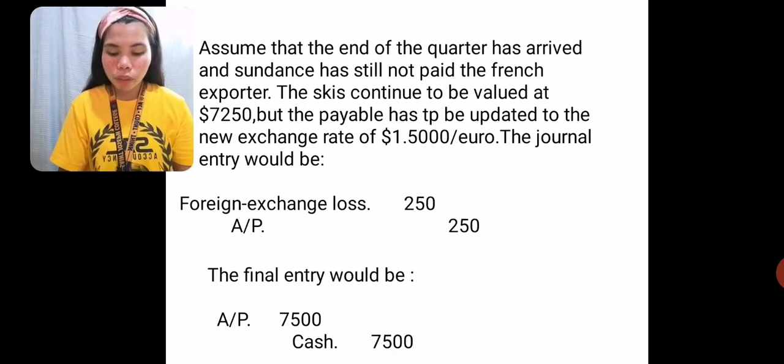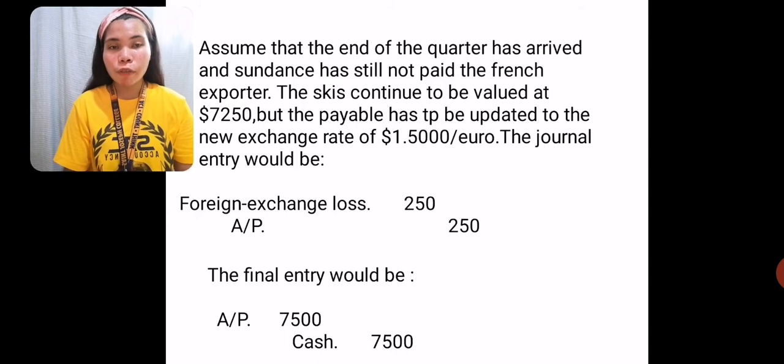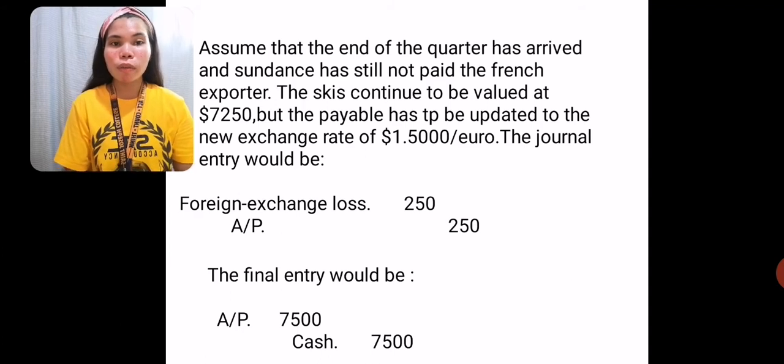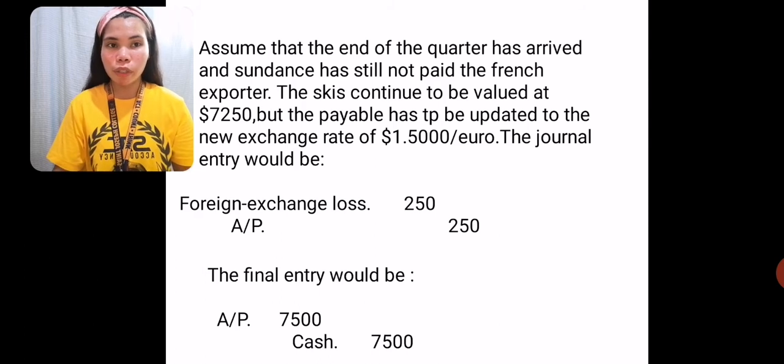In the example here, assume that the end of the quarter has arrived and Sundance has still not paid the French exporter. The skis continue to be valued at $7,250, but the payable has to be updated to the new exchange rate of $1.50 per euro.